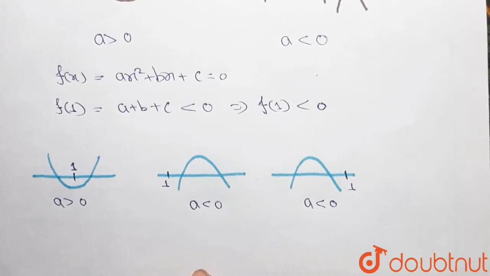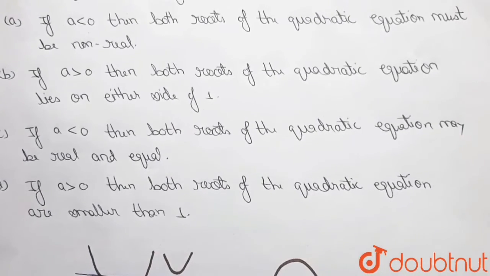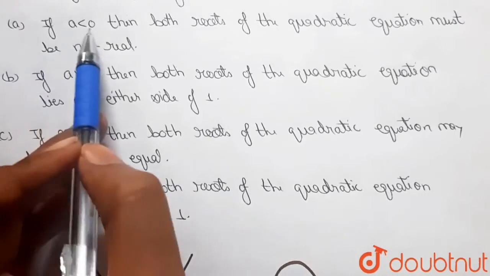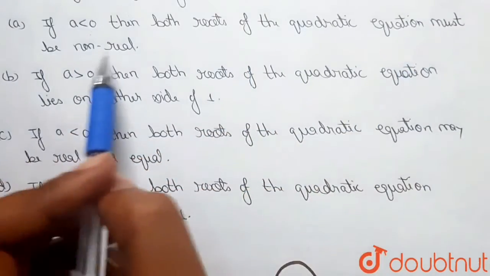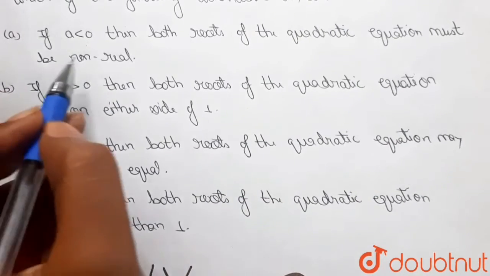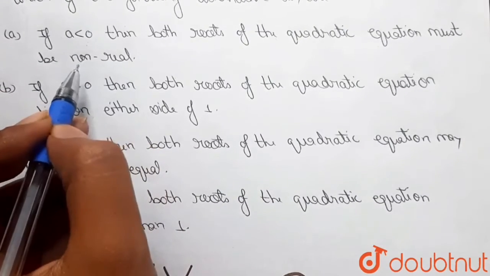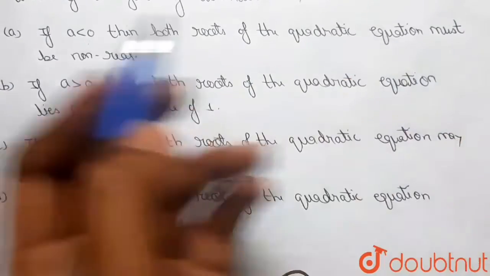Now let's move towards the given options. Option number 1 says if a is negative, then both roots of the quadratic equation must be non-real. So this is incorrect, because we can't say about the nature of roots. It can be real or it can be non-real, right? But this option says must be non-real, so this can't be true.